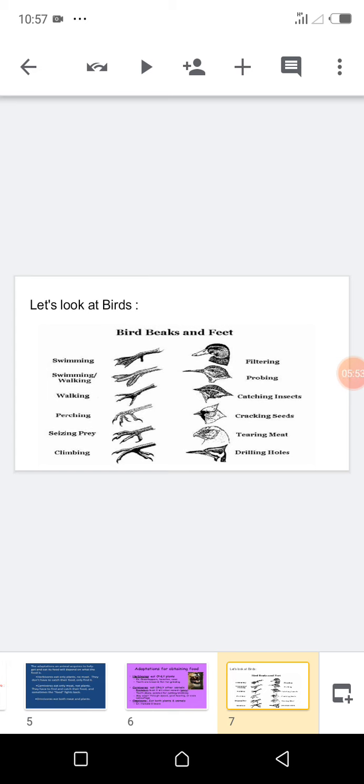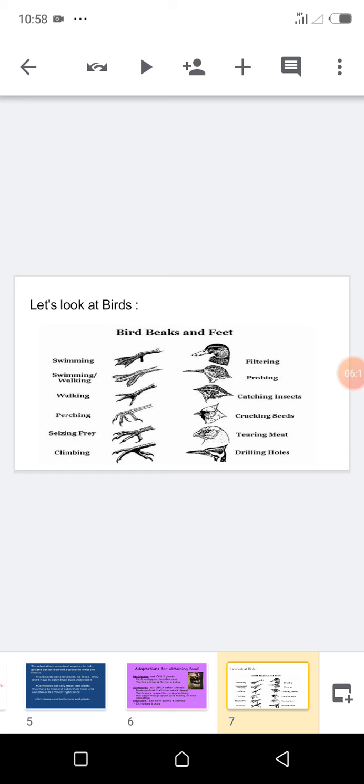The first one is a duck. Ducks are aquatic most of the time. They swim in water. You'd see that they have webbed feet, and their beak is for filter feeding. They find their food in water. So they have adaptations to be able to move around in water and find their food.